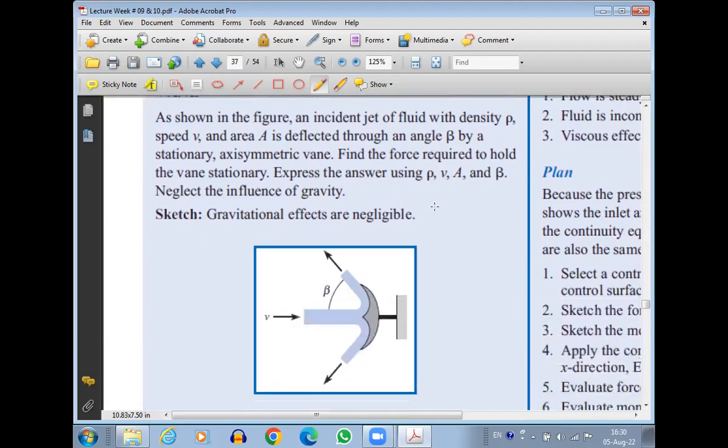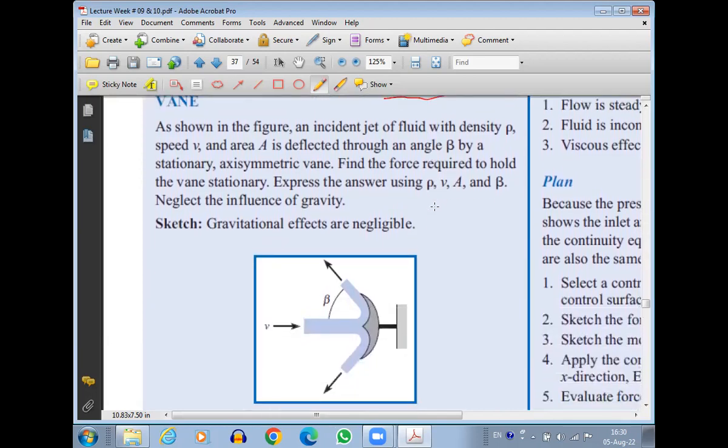Suppose we have a vane here as shown in the figure. It's shown just like a section because it is a side view, but it is actually circular. As shown in the figure, an incident jet of fluid with density rho, speed v, and area A is deflected through an angle beta by a stationary axisymmetric vane.